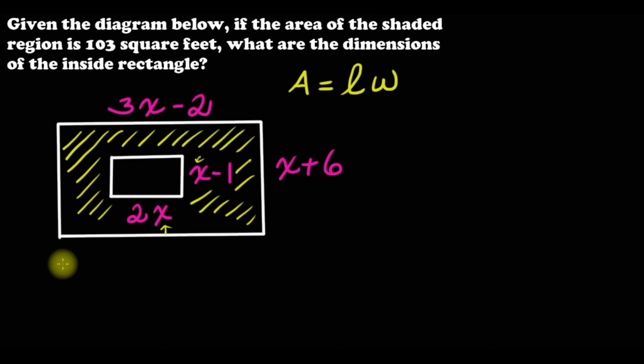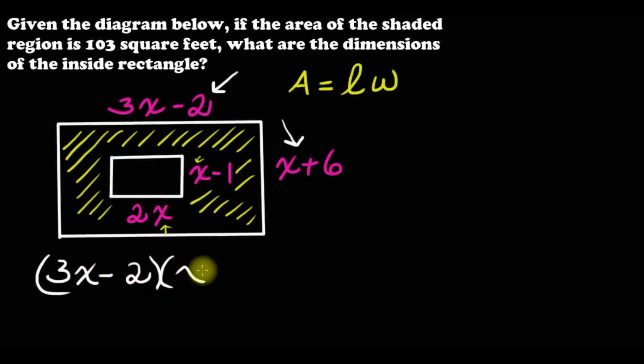So how do we get the area of the outside rectangle? We take 3x, this right here, length times width. This is your length, and this is your width. So length times width is 3x minus 2 times x plus 6.